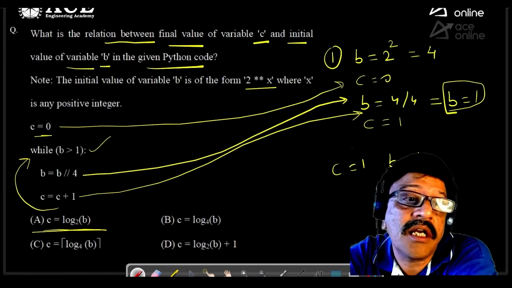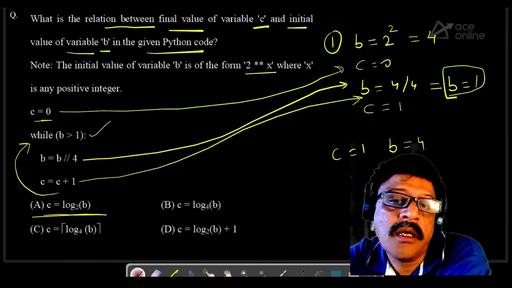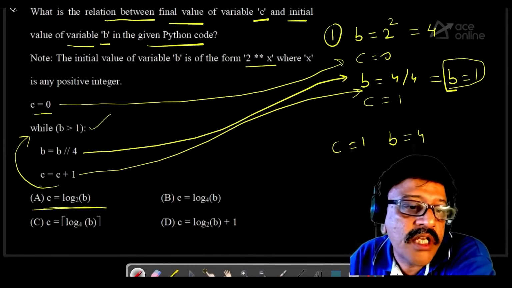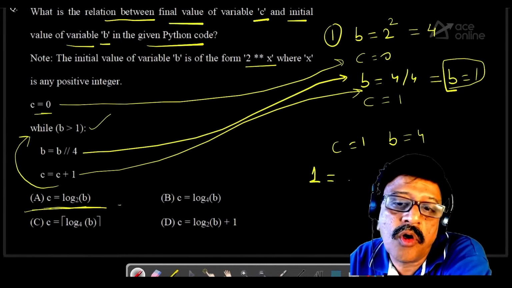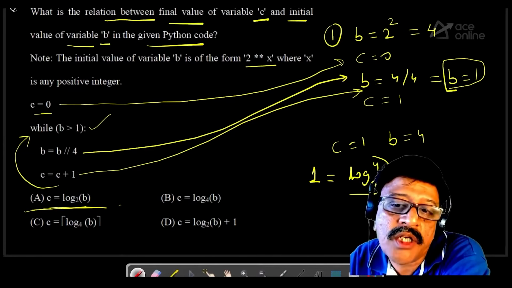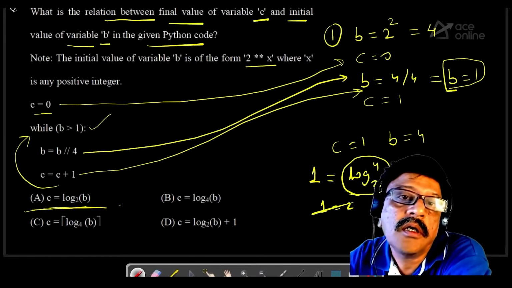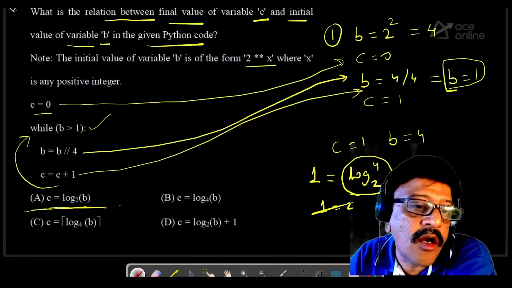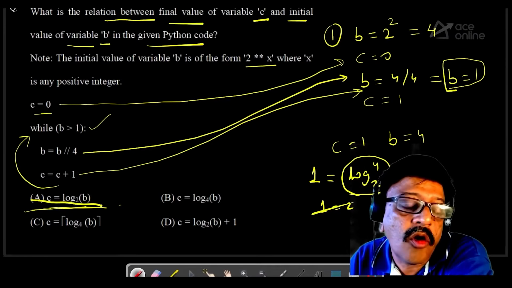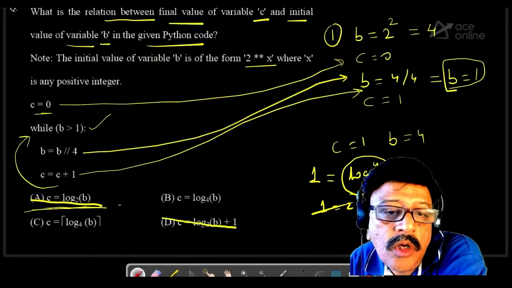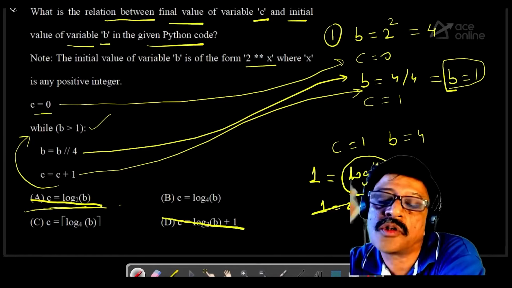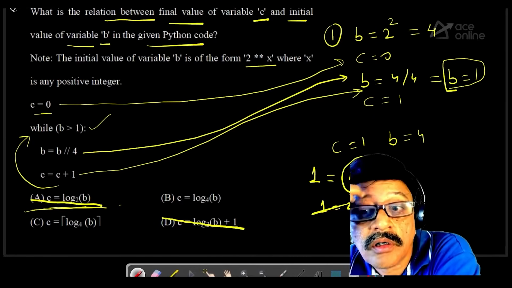They are asking the relation between C and the original value of B. Now, if option A has to be correct, then 1, that is C, should be equal to log of 4 to the base 2. But we know log of 4 to the base 2 is 2, and 1 equal to 2 is false. That means C cannot be equal to log of B to the base 2, and C cannot be equal to log of B to the base 2 plus 1 also. Correct or not?